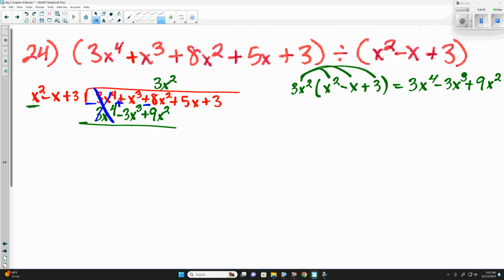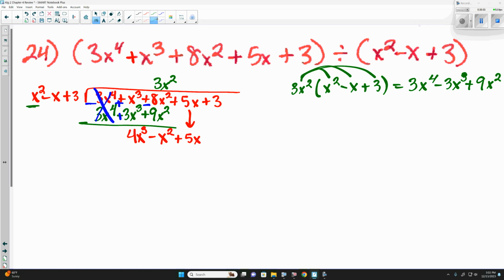Well, our negative and negative would make a plus. x cubed plus 3x cubed is 4x cubed. 8x squared minus 9x squared is negative x squared. And then we bring our next term down and we repeat the process.